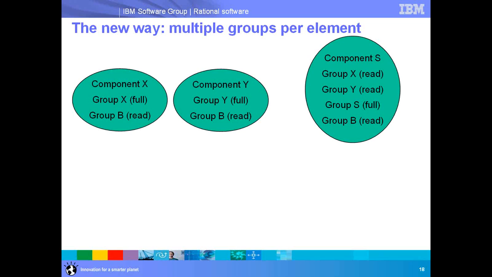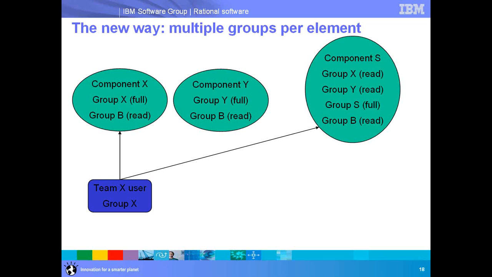After defining the roles and the policy, once we apply the combination of it, we see that the user who was part of Group X will get full access to component X, because as per the role and policy combination, Group X will have full permission. And the same role-based combination on component S will show that the person who is part of Group X should just have the read access.